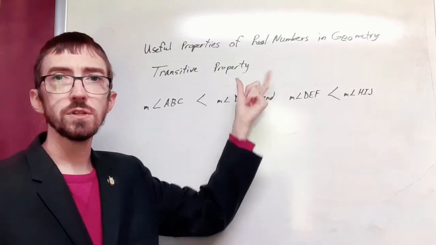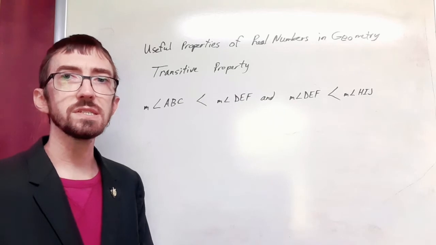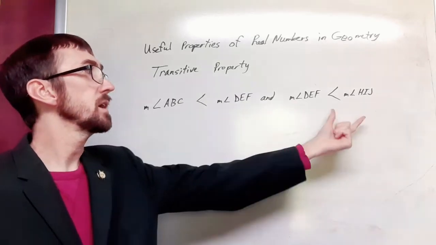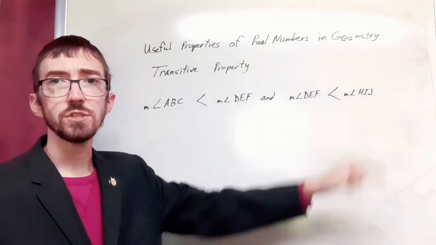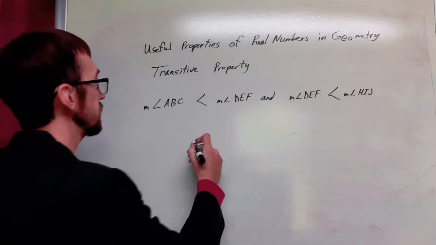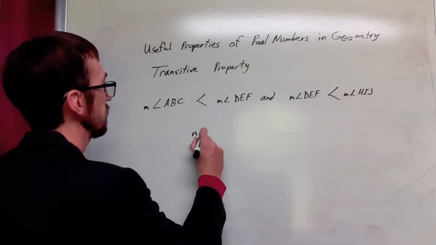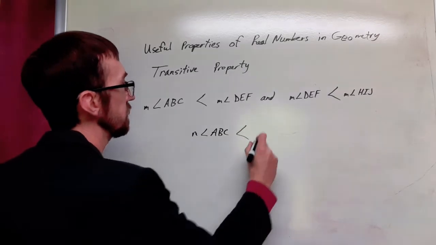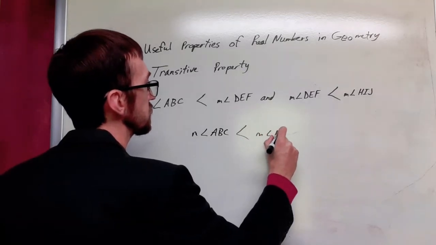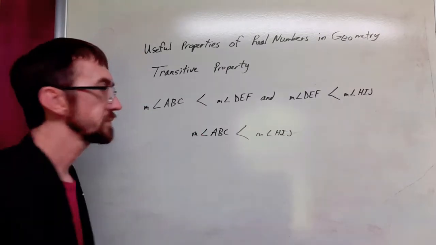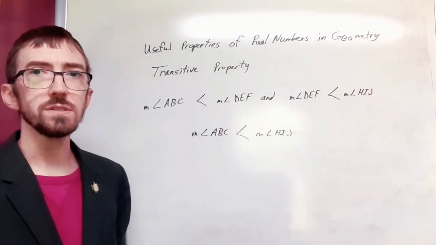From this, using the transitive property, we can conclude a statement about the relationship of angle ABC and angle HIJ. We can state through transitivity that the measure of angle ABC is less than the measure of angle HIJ. So we get this from the transitive property.